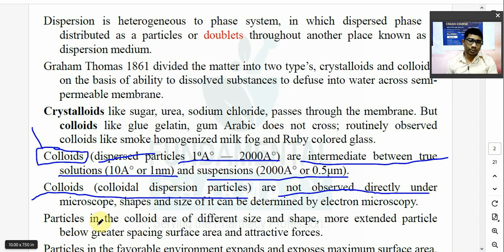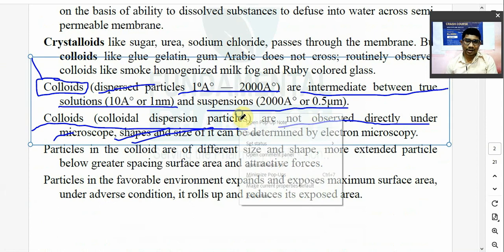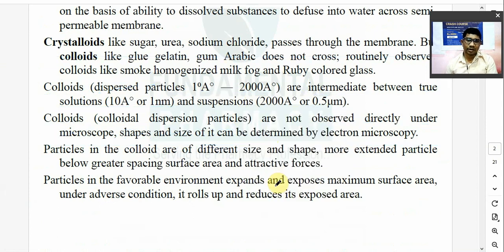Whatever particles of colloidal dispersion are there, they are not directly observed under a microscope, but you can observe them under the electron microscope. Shape and size of them can be determined by electron microscope. So colloids have properties in between true solutions and suspension.